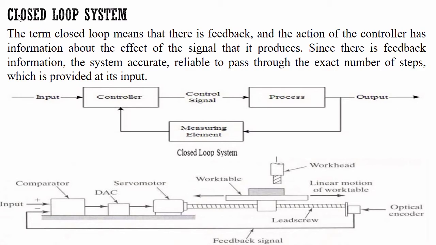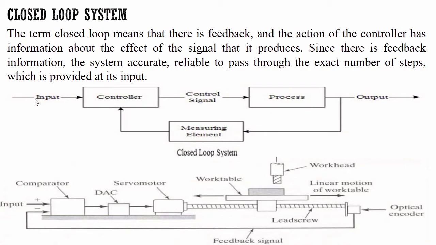So next is the closed loop system. All components that we discussed in the open loop system will remain the same. The only change is from process to output, there is a feedback system. There is reverse information given to the controller through the measuring element, which we call the feedback system, right?